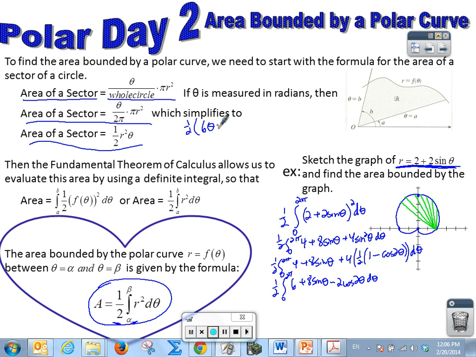And sine, what would we have taken the derivative of to get a positive sine? It would have been a negative cosine, so minus 8 cosine theta. And similarly, we need to get a negative cosine 2 theta.